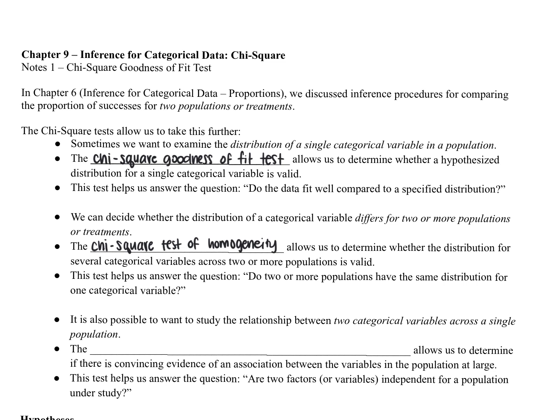This is going to be done using something called the chi-square test of association/independence, which allows us to determine if there is convincing evidence of an association between the variables in the population at large. It answers the question, are 2 factors or variables independent for a population under study?